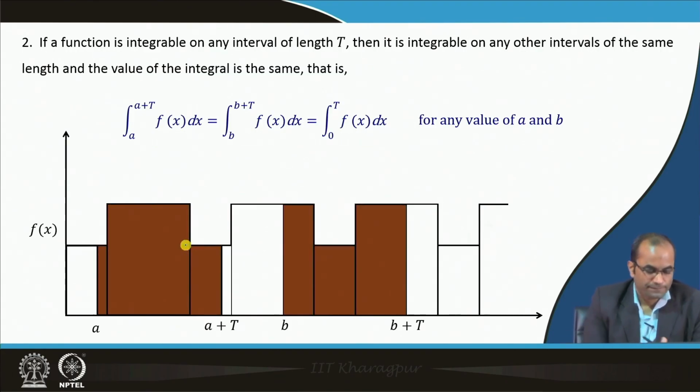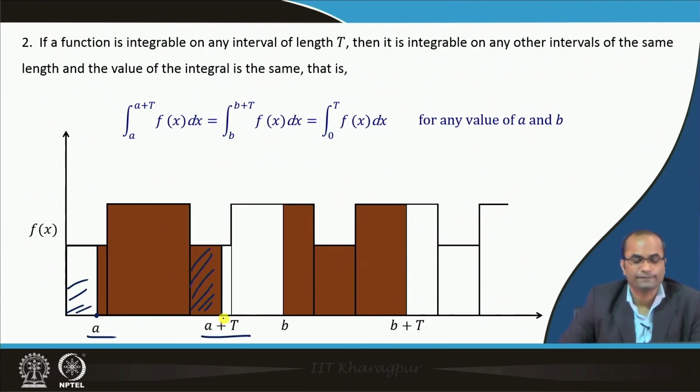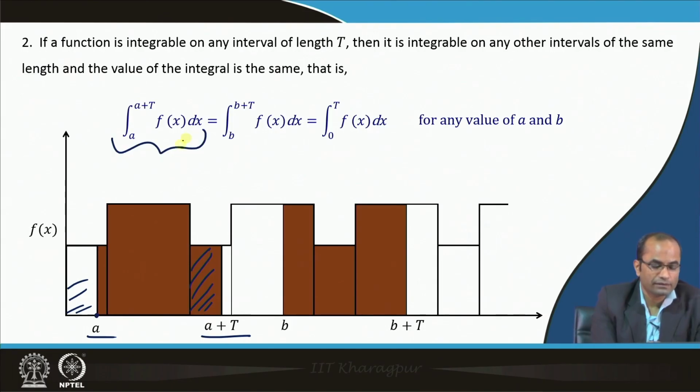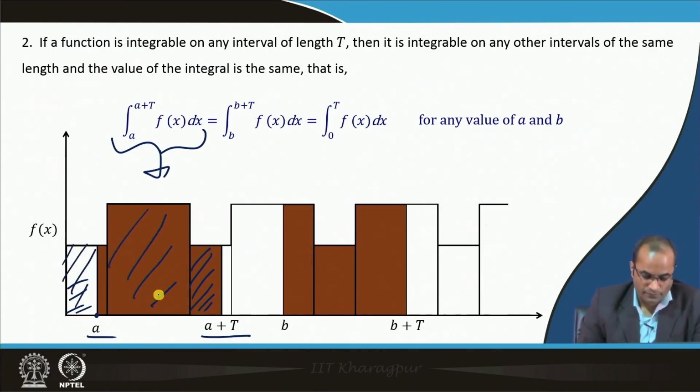So, if we integrate from a to a plus T, what is interesting here is that if we start at this point a and cover this period T, whatever portion was left here, we have covered actually here, at a plus T. So the area under this curve f(x) is going to be the area of these two rectangles, one this one and the other one this one.